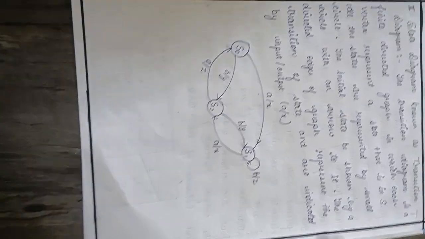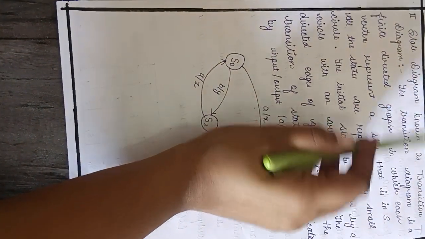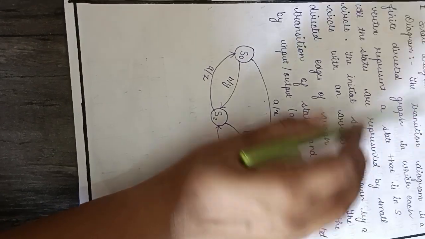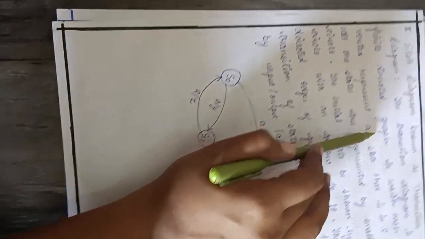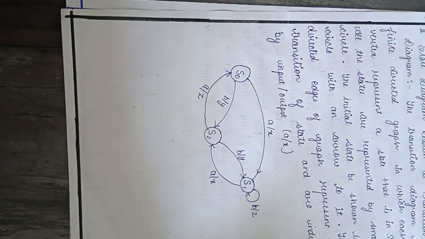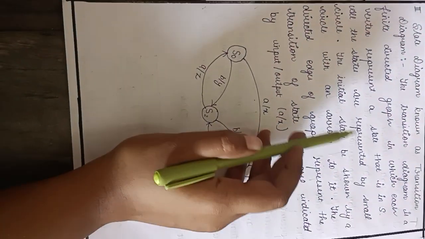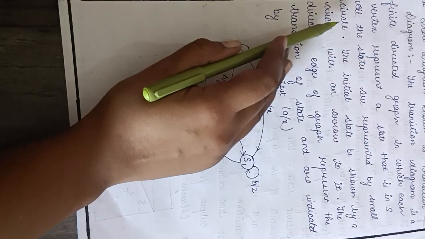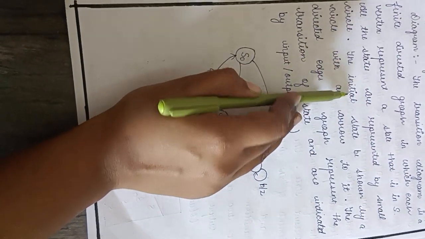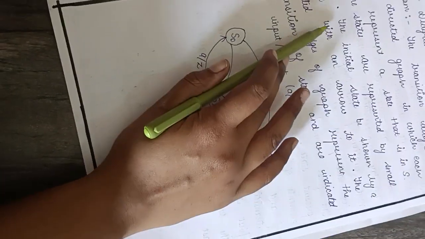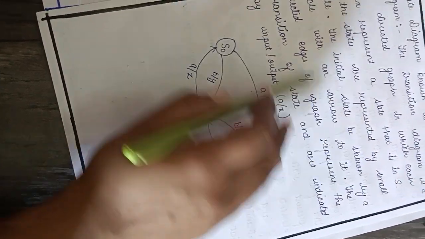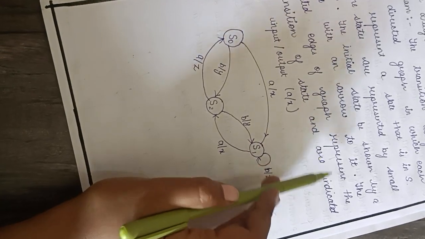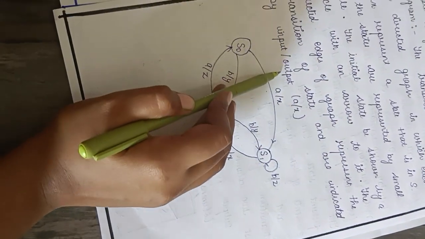Next, we will discuss the state diagram, known as the transition diagram. The transition diagram is a finite directed graph in which each vertex represents a state in S. All the states are represented by a small circle. The initial state is shown by a circle with an arrow to it. The directed edges of the graph represent the transitions of state and are indicated by input slash output.